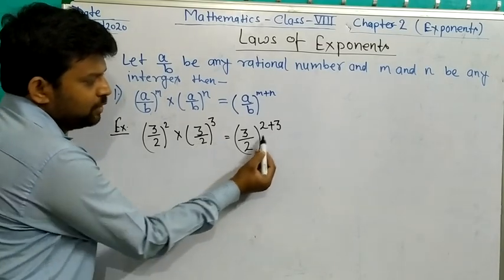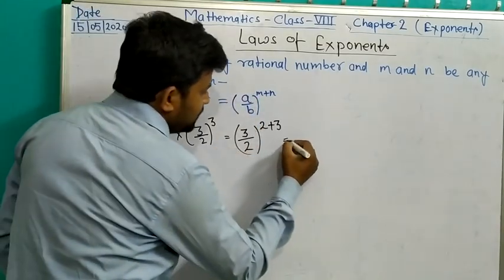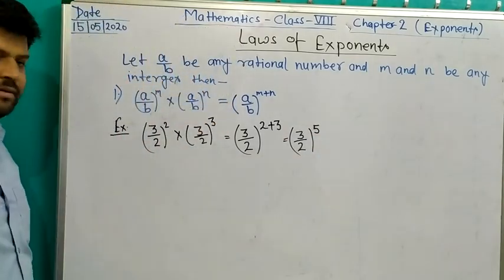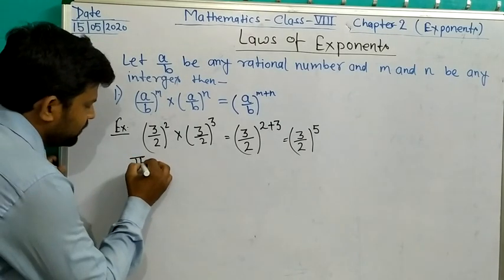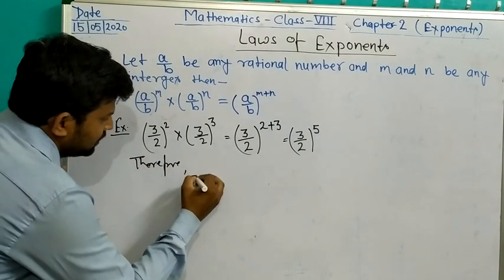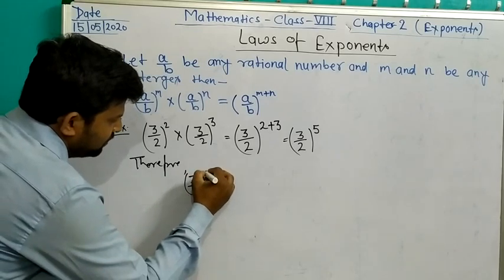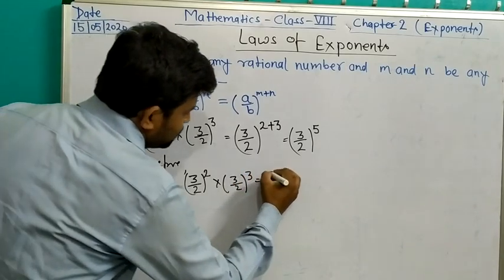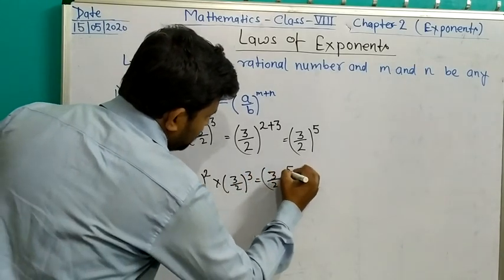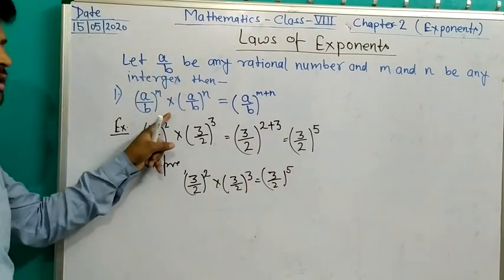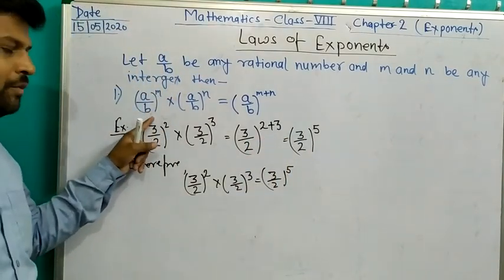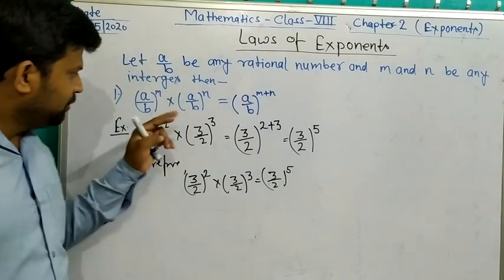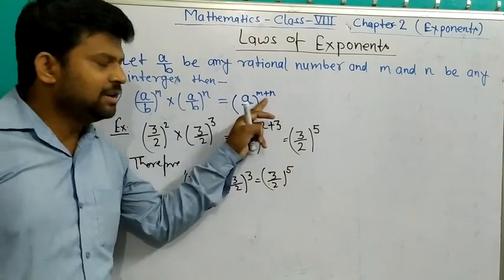Then we write (3/2)^(2+3), which is equal to (3/2)^5. Therefore (3/2)^2 multiplied by (3/2)^3 is equal to (3/2)^5. This is our first law: when bases are the same and powers are different, then base to the power, powers are added.